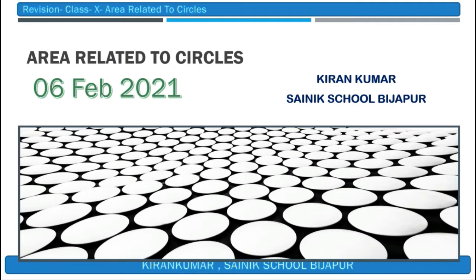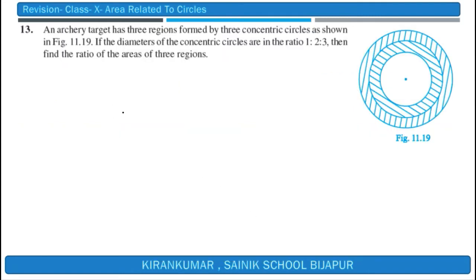The 13th question is: an archery target has three regions formed by three concentric circles as shown in the figure 11.19. If the diameters of the concentric circles are in the ratio 1:2:3, then what will be the ratio of the areas of these regions?